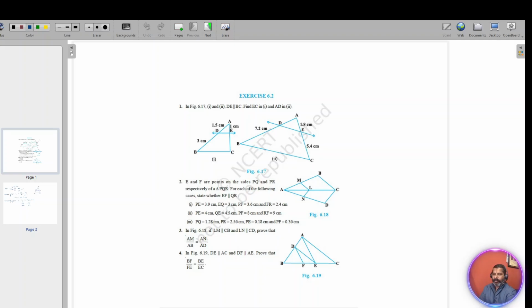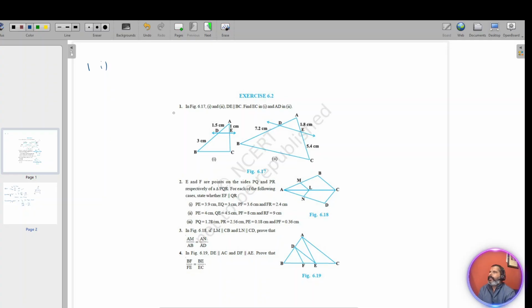Okay, check out. First one, under that first one, there are two sub questions in the first main. In figure 6.17 and 6.18, DE parallel to BC, they say.